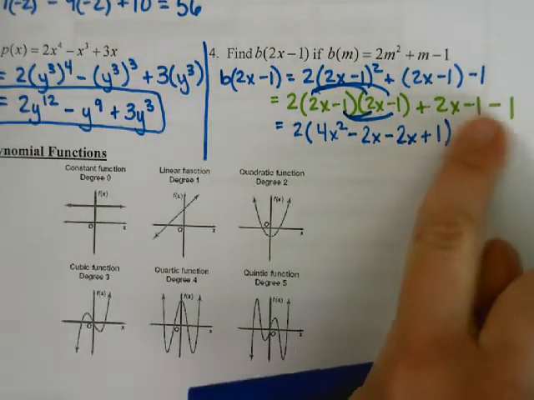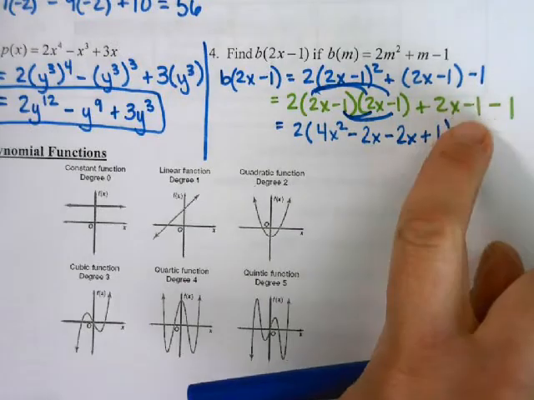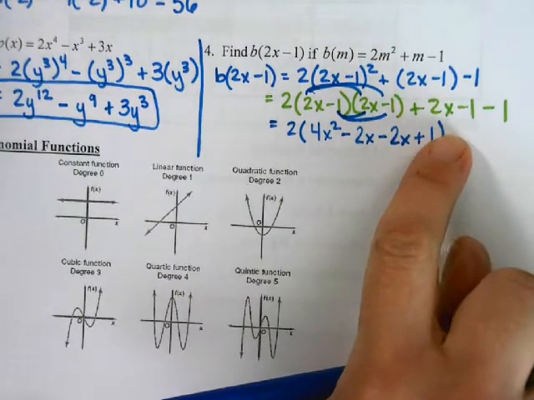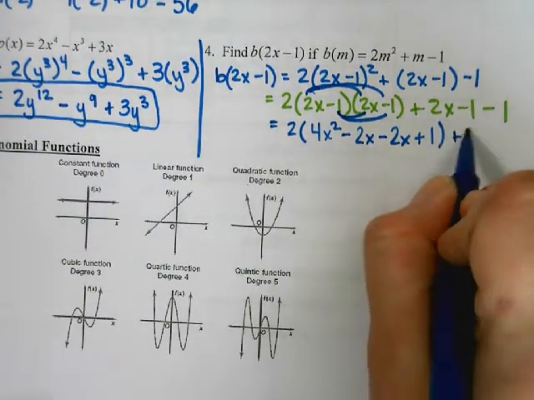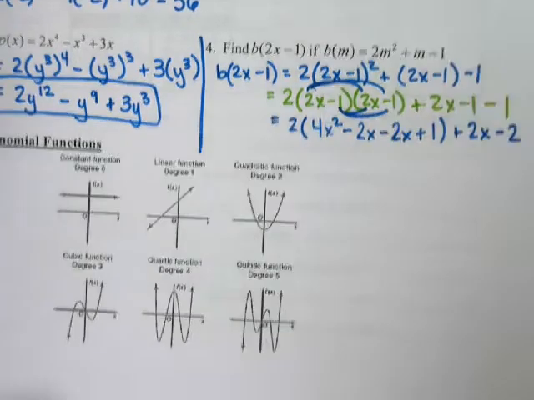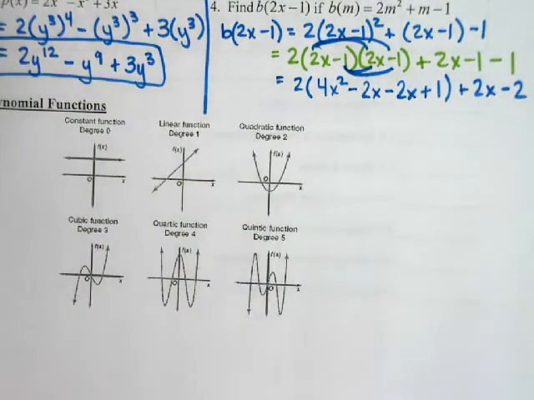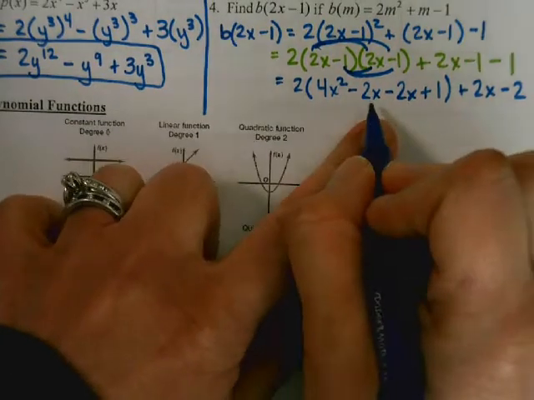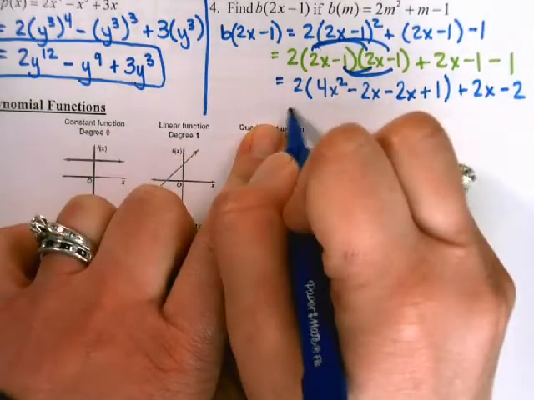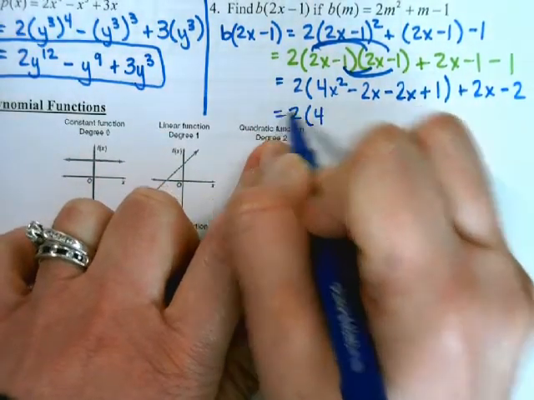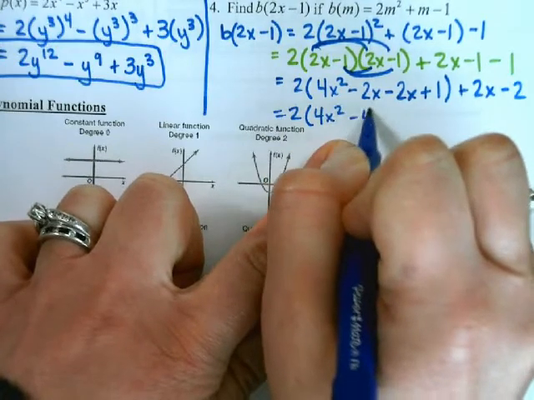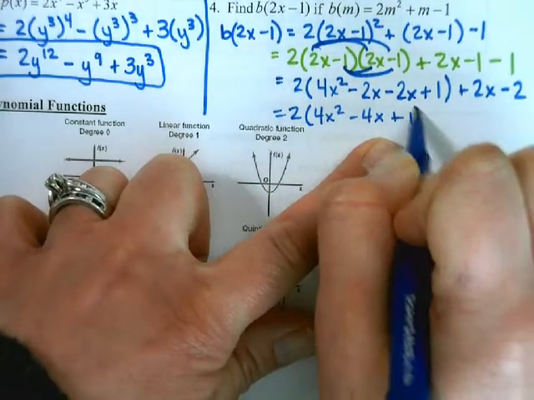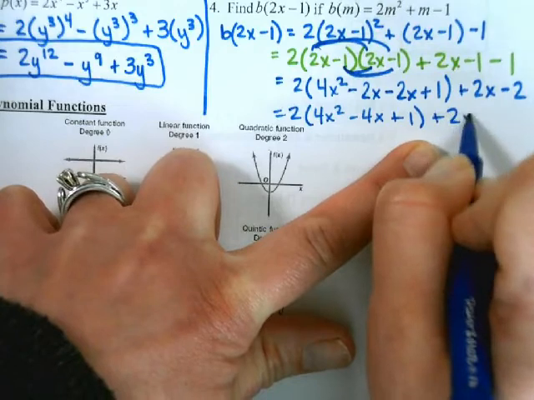Okay, now I've got some minus 1s over here. I'm going to go ahead and combine those just to save myself some room. So plus 2x minus 2. There's lots of 2s going on in this one. Let's combine these. So I have 2 times (4x squared minus 4x plus 1) plus 2x minus 2.